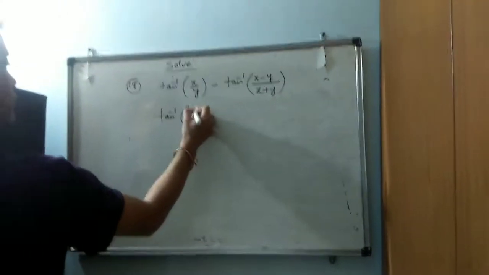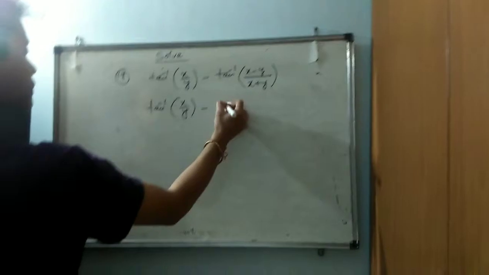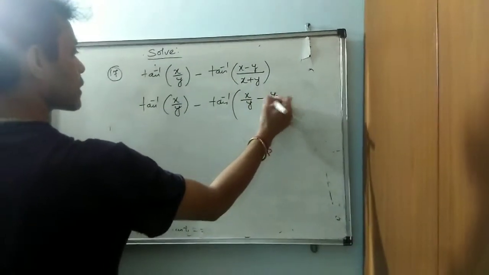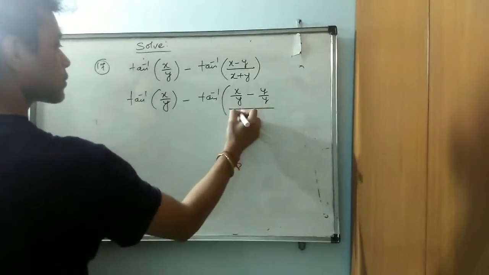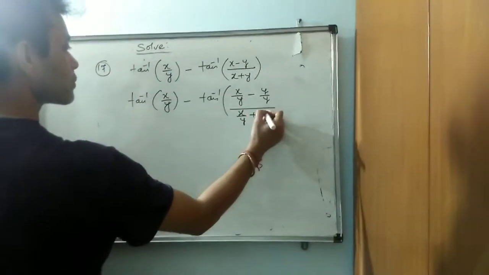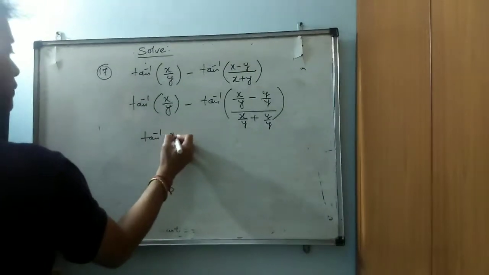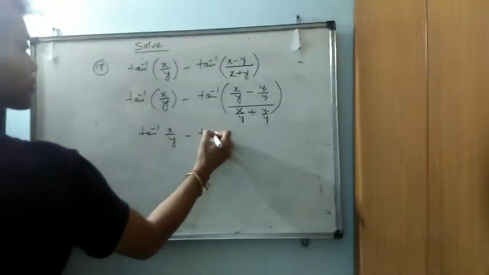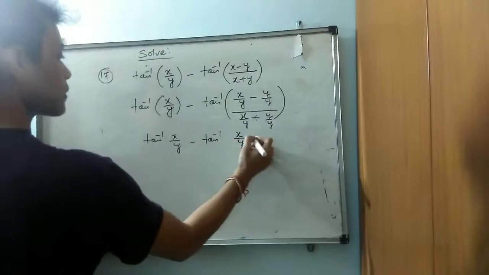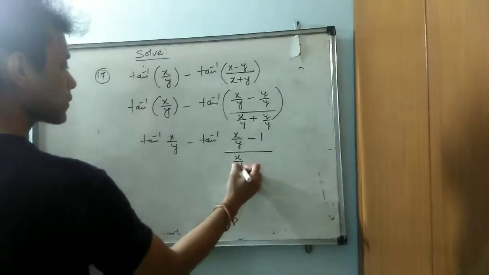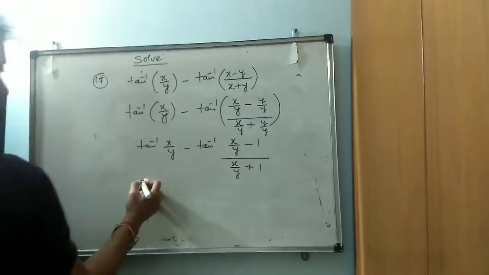For the easier approach, in the next expression we will divide numerator and denominator by y. So this is what we are getting: tan inverse x upon y minus tan inverse of (x upon y minus 1) upon (x upon y plus 1).